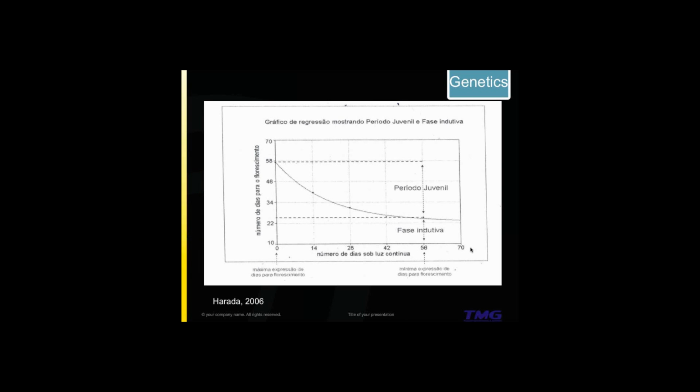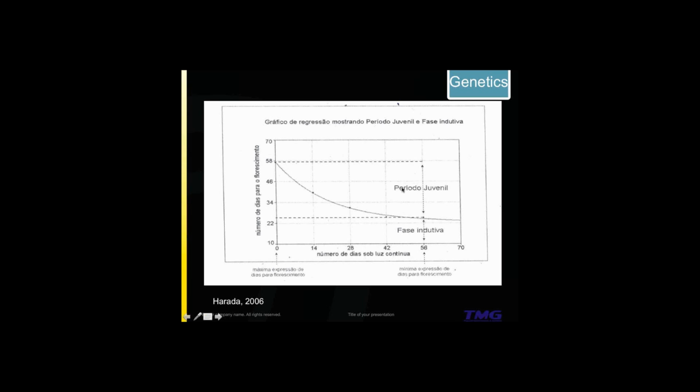The other thing that I would like to comment on is another work, and this work was done at TMG. This work was done in early 2000, 2001, 2002, and was actually a dissertation published where one of our colleagues there tried to come up with an assay for determining the long juvenile trait in soybean.